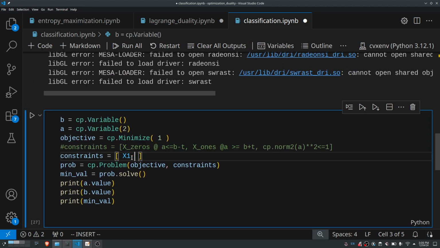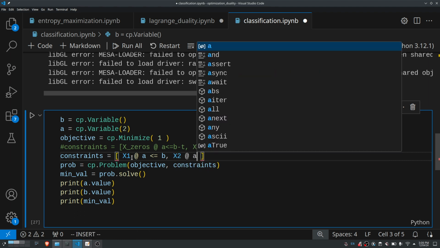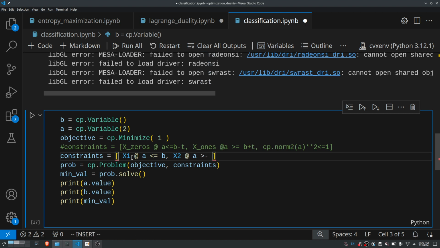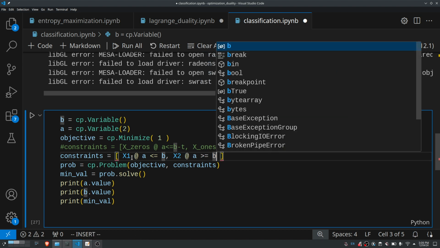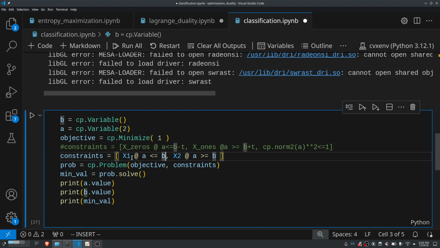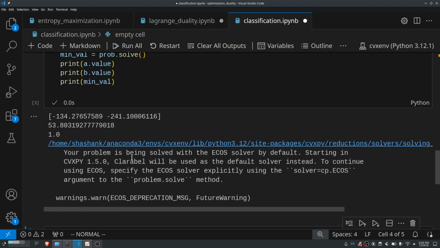So x1, when multiplied with a, should be greater than or equal to b plus 1, and x2 multiplied with a should be less than or equal to b minus 1. Okay, so I just try to solve for this.